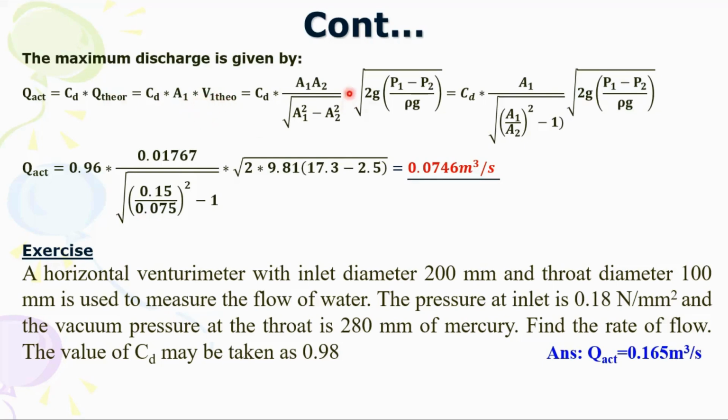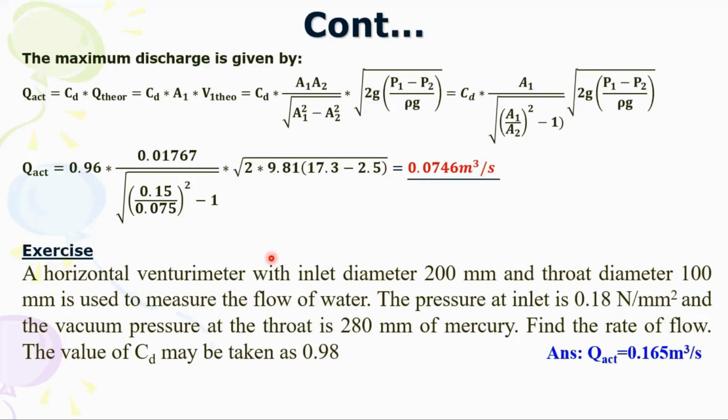According to the venturimeter equation, between inlet and throat you get the general equation of actual discharge: A1, area 1 at the inlet, area 2 at the throat, divided by square root of A1 square minus A2 square, then square root of 2G times pressure difference H, P1 minus P2 over rho G. After substitution, you get the actual discharge.